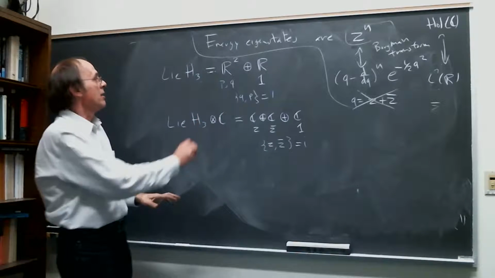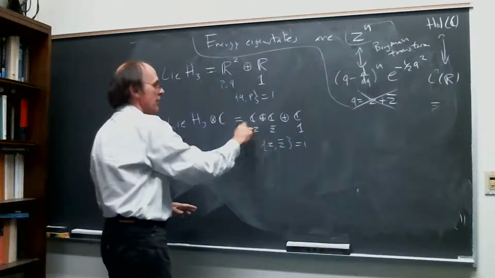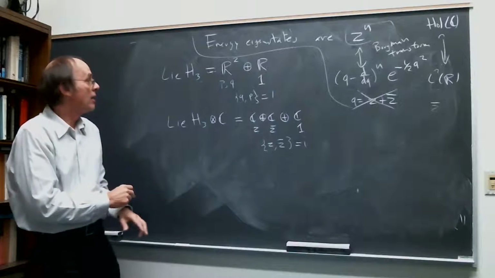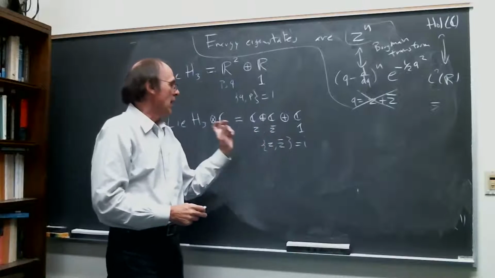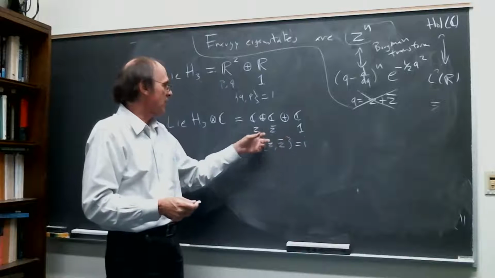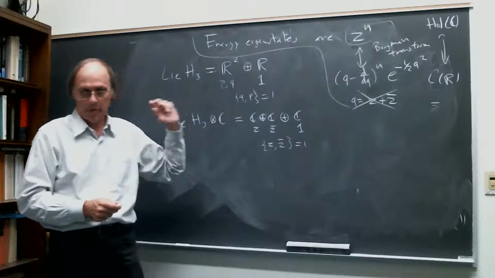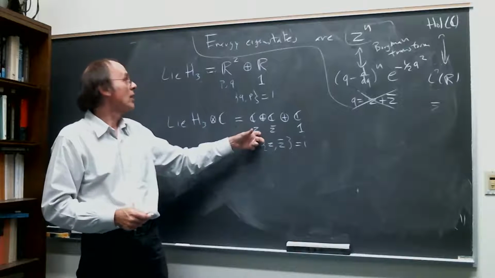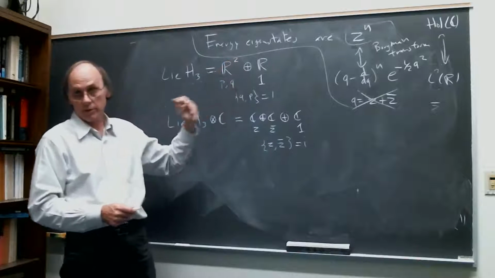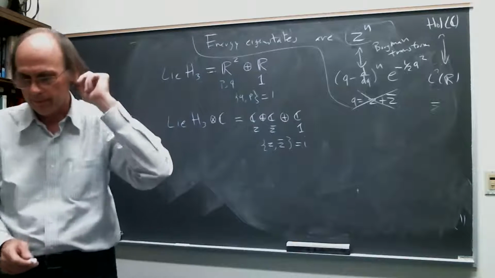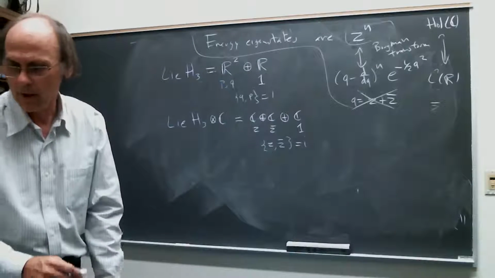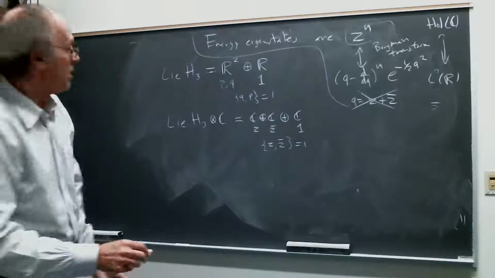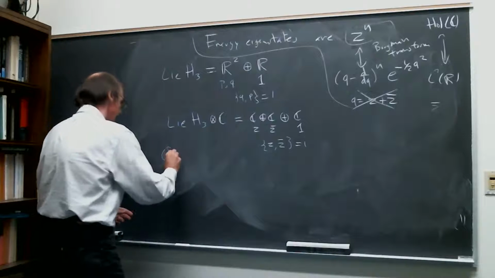But now the nice thing is that this R2 has split up this way, and we can quantize by looking at just functions that depend on z, just like we took just functions of q. But then, quantization. So what is quantization?